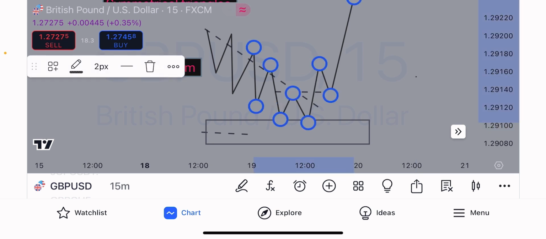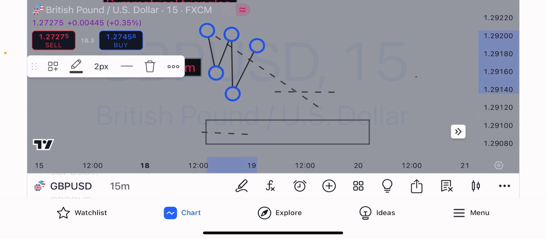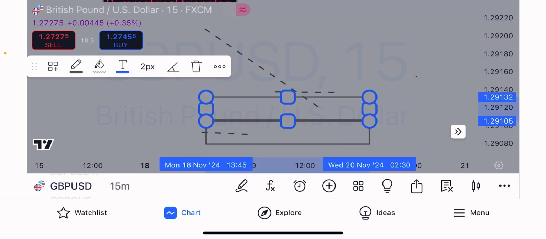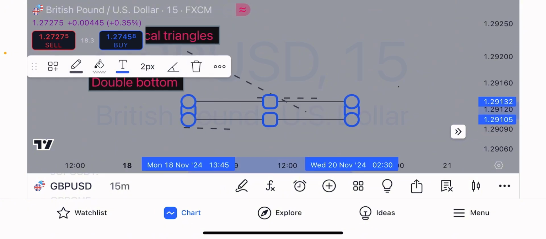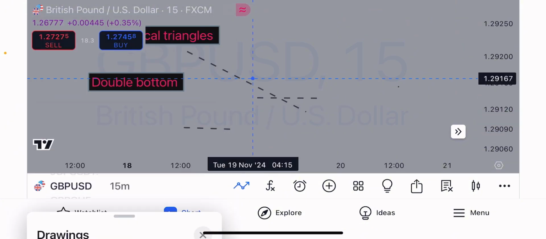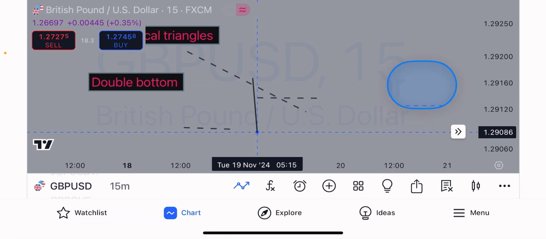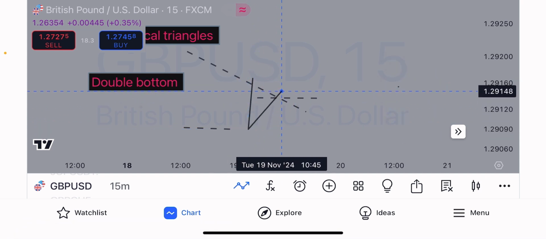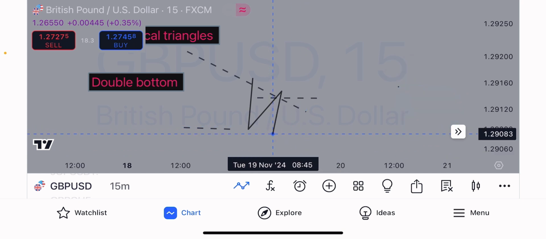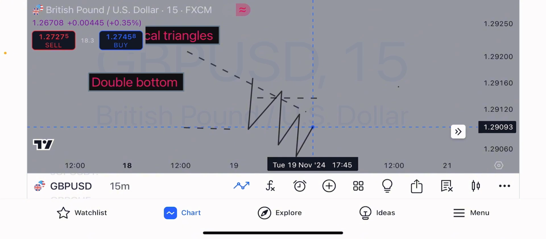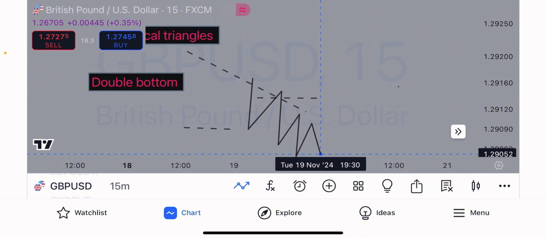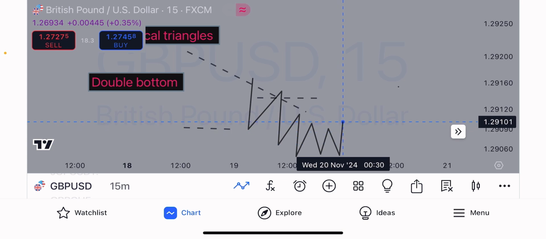Or let's say the market is not buying into a demand zone this time around. There's no demand zone below. Let's say the market is just selling, putting lower highs, lower lows, lower highs, lower lows, and it just gives you something like this, this, and this, and breaks out of this.